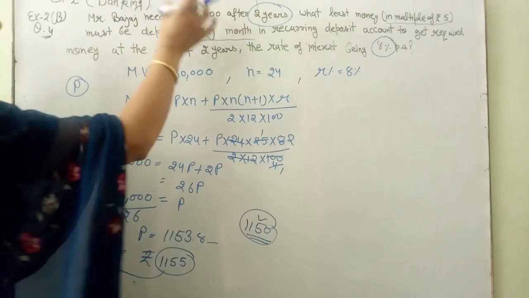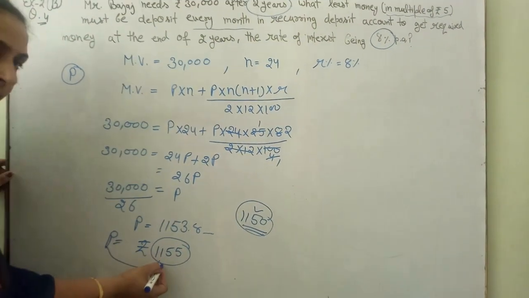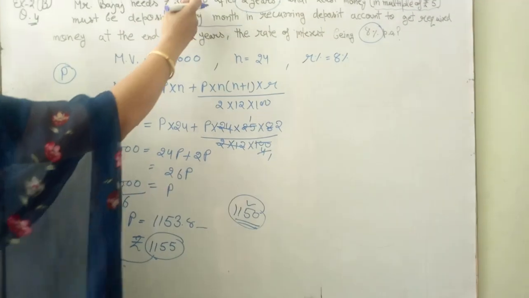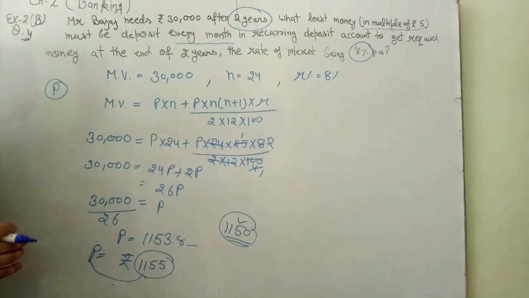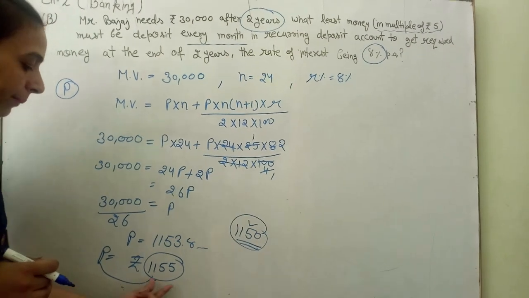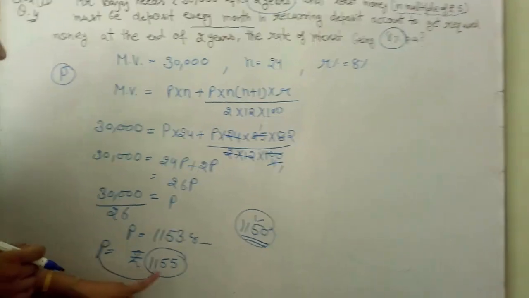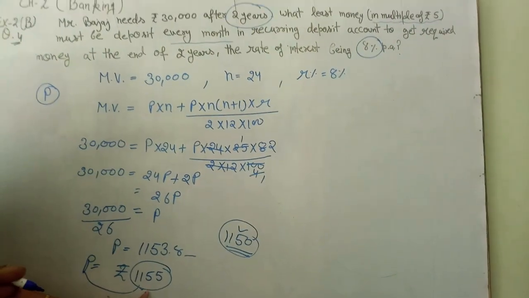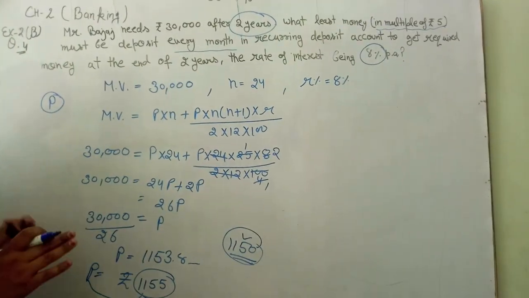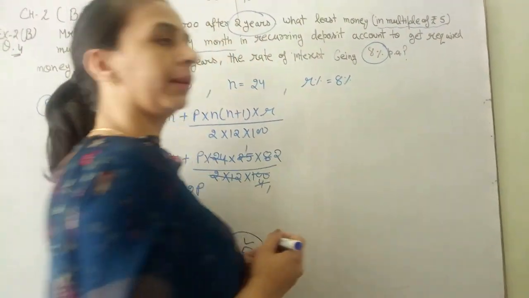So for completing 30,000 rupees, we take this monthly installment. There is some extra money over 30,000 rupees. So we take 1155 equal to P, that means the monthly installment is a multiple of 5. Okay, student, you understand this question?